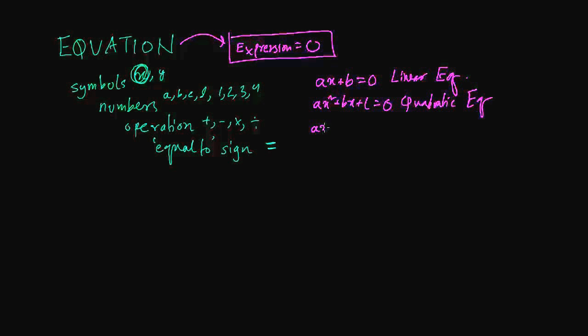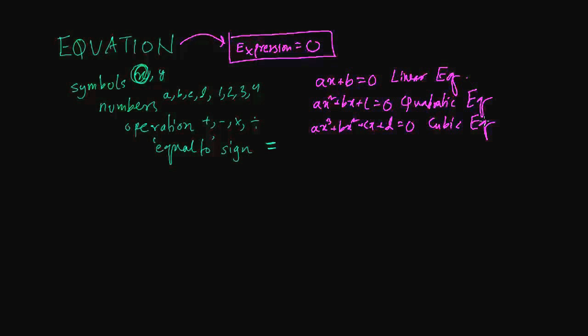When you have a cubic polynomial expression, it becomes a cubic equation. So this is our polynomial equation. This is the most common equation that will be given in the exam.